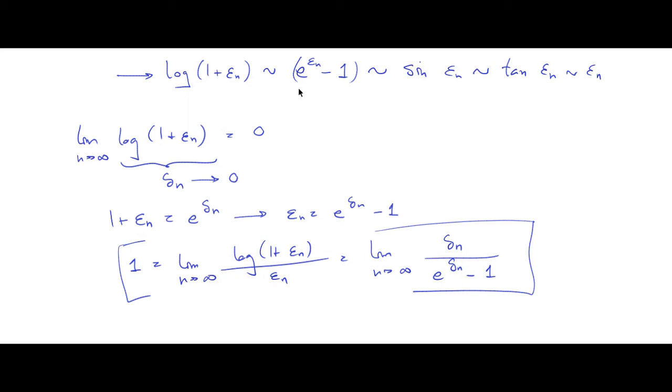Okay, so this is the same thing. Epsilon sub n is a general or any sequence that converges to 0. In this case, this delta sub n is different from this epsilon sub n, but it doesn't matter because both of them converge to 0. So this thing is valid. We can just change the name of the sequence here.